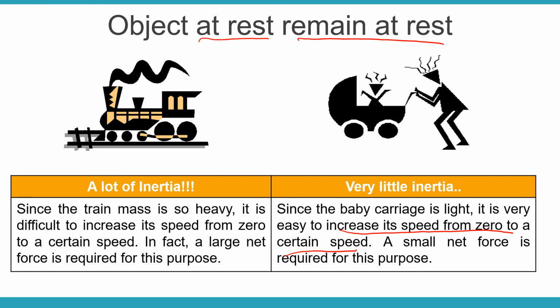Okay, so kita kena lihatlah kepada rumus. Force is equal to MA. Okay, so inertia pun adalah force. Jadi bila kita punya mass ni tinggi, so jadi kita punya inertia akan tinggi. Kalau mass kita rendah, ni rendah, so force pun akan rendah. Okay.